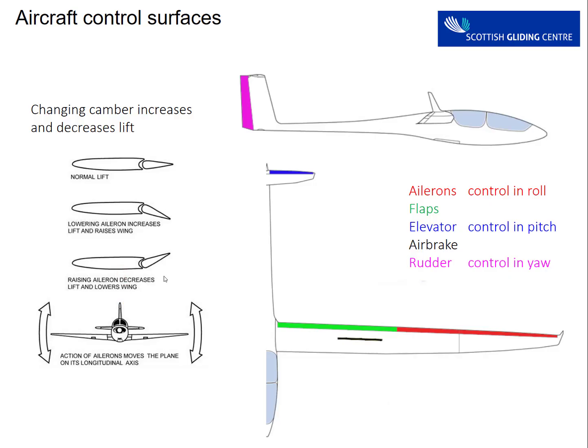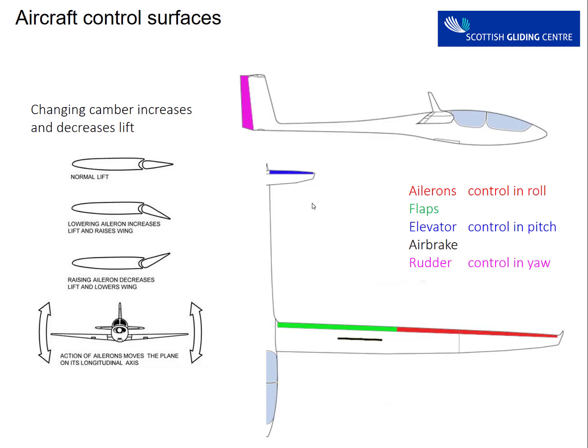Say we want to roll the aircraft to the left. On the left wing, the aileron would be deflected up, generating a down force, and on the right wing, the aileron would be deflected down, generating an up force, and therefore generating a rolling moment, which rolls the aircraft to the left.